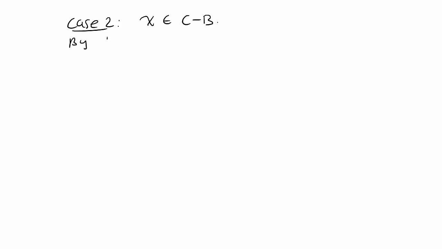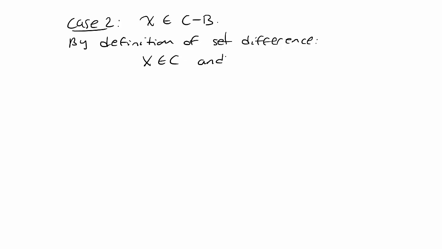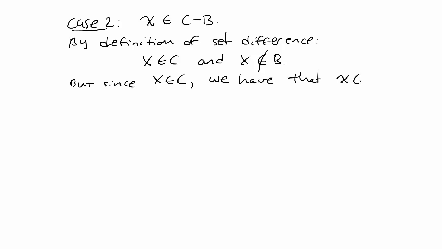Okay, so by definition of set difference, X is in C and X is not in B. But since X is in C, we have that X is in C or A, but I'll change the order here because it's commutative.